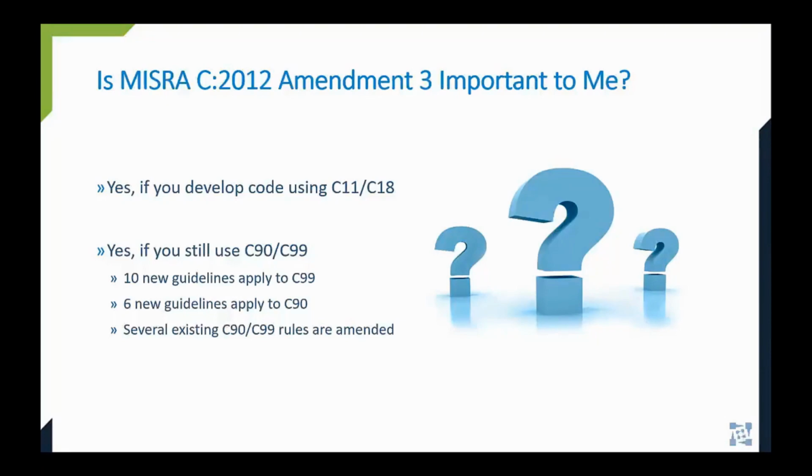But even if you still write your code with conformance to C90 or C99, Amendment 3 is still relevant, as 10 out of 24 new guidelines apply to C99, and 6 of them apply also to C90. Please note also that the new MISRA document improves several existing guidelines which you already use. So the answer to the question is yes, also if you still use C90 or C99 in your project.